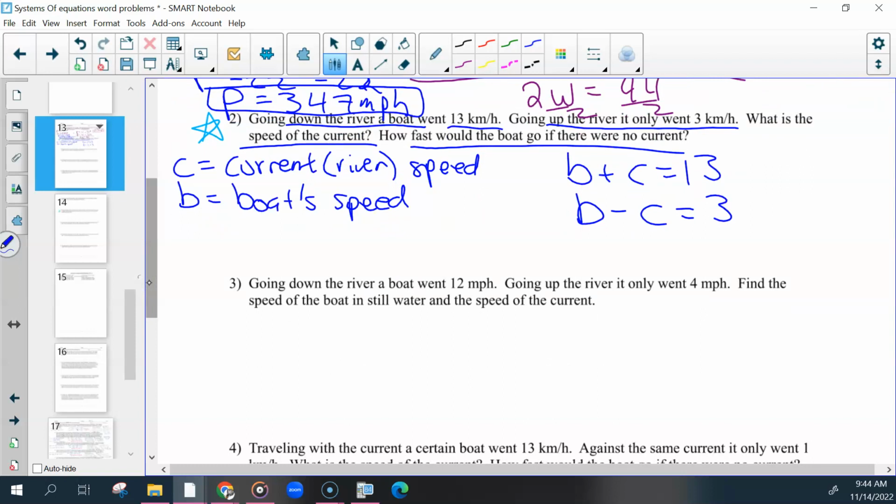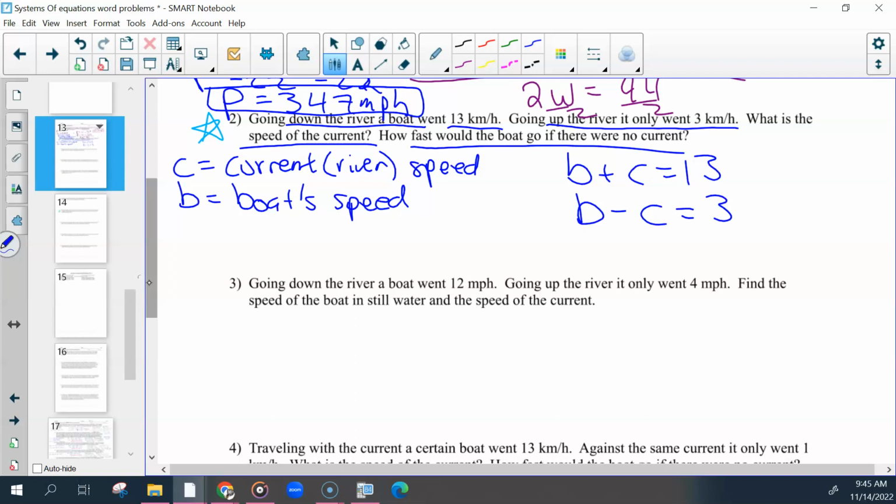Alright, do we want to get rid of B or C first? Does not matter. You guys choose. Eugene, pick one. B or C?